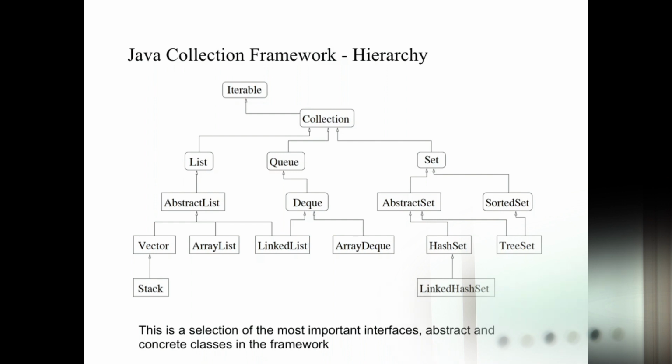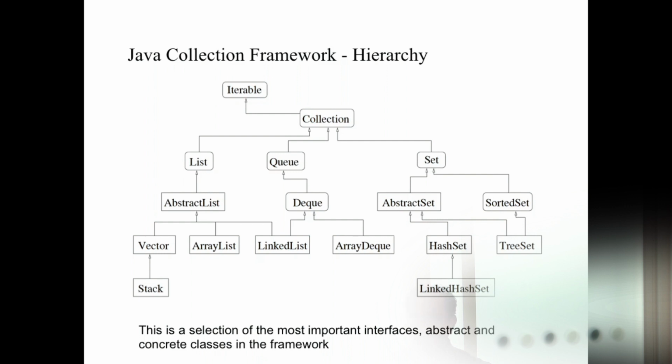And on the second level, you see there are three major interfaces: the List, the Set, and the third one is the Queue. And then there are different implementations. The elements on the top, or maybe in the middle, are more like interfaces and abstract classes, so they are not concrete classes that you can use.